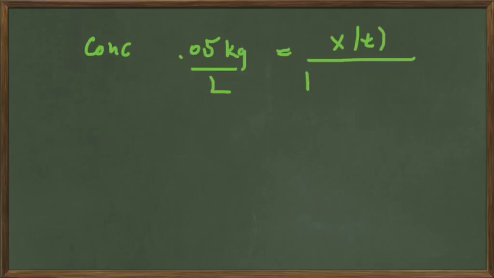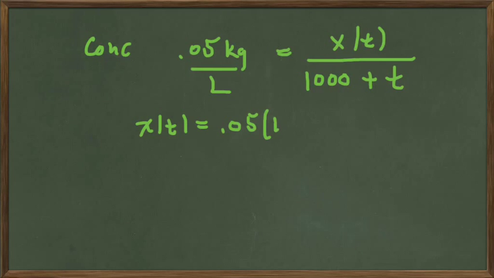This time, the amount of fluid in the tank is not 1000 at any time t after the start of the problem, it's 1000 plus t. So that tells us that x of t is 0.05 multiplied by 1000 plus t. And so we're going to plug this in and solve for t.